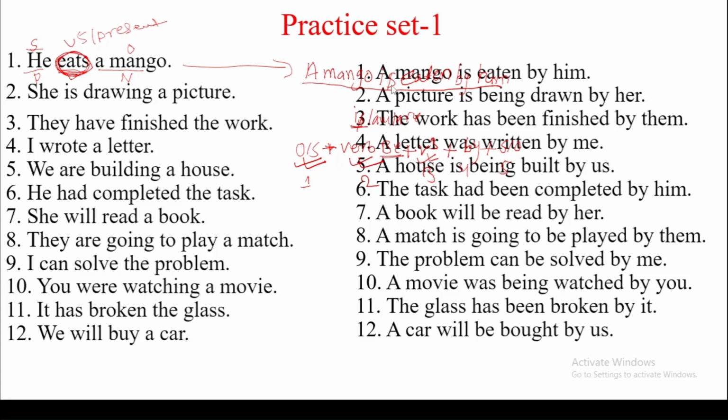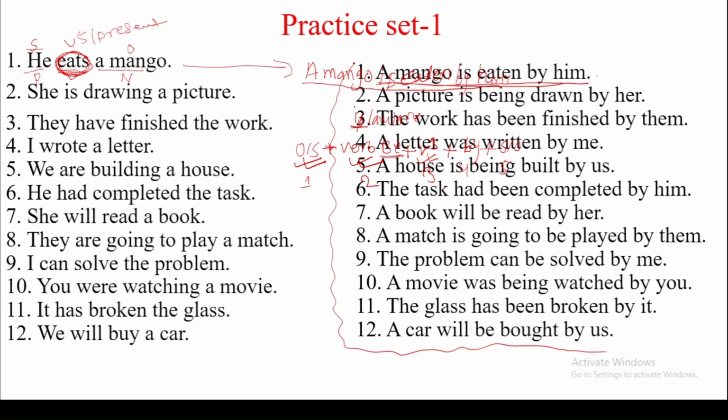So look at this answer. The answer is also given here. After completing the task, you can match your answer here: a mango is eaten by him. For your reference, I have given the answers of all the sentences.